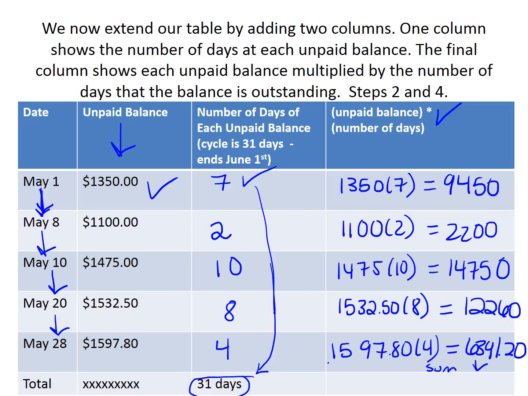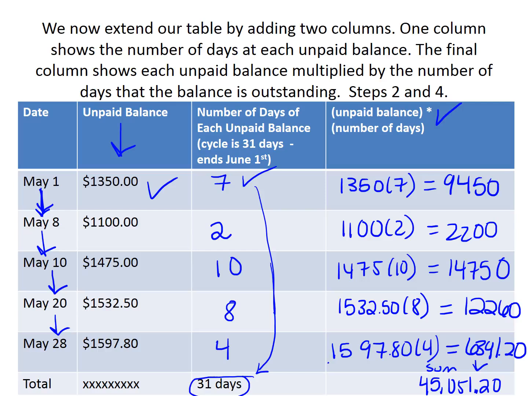If you add those up, 9450, 2200, 14750, 12260, plus 6391.20, the total should be 45,051.20.